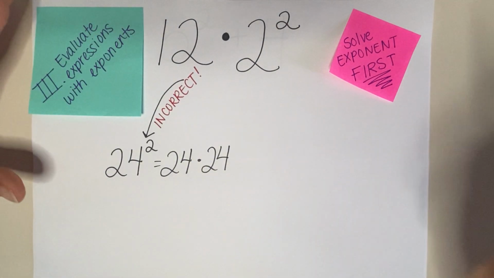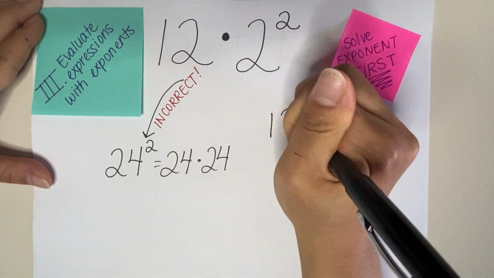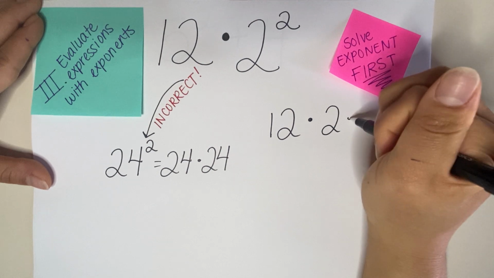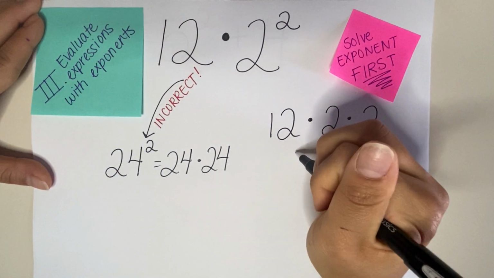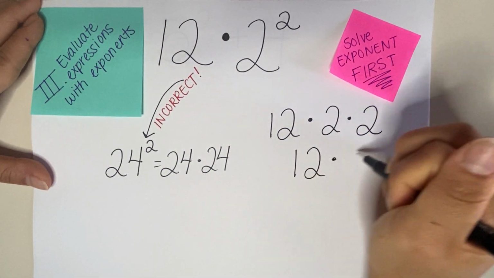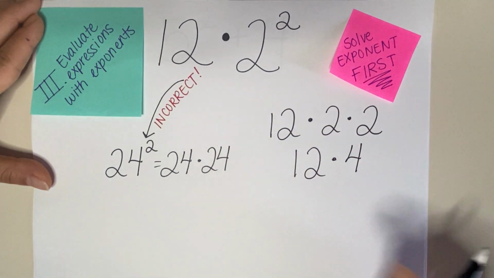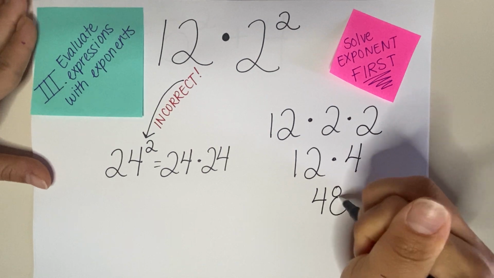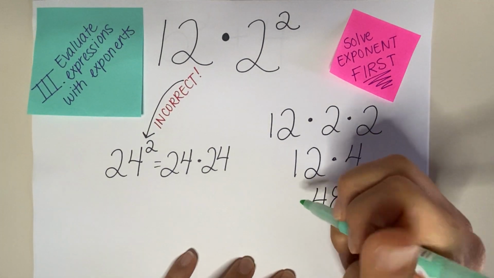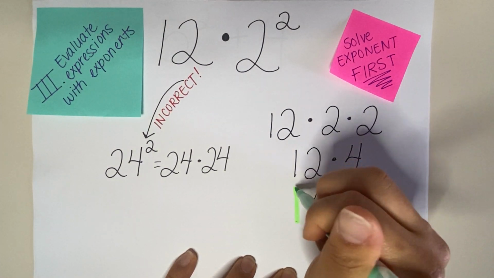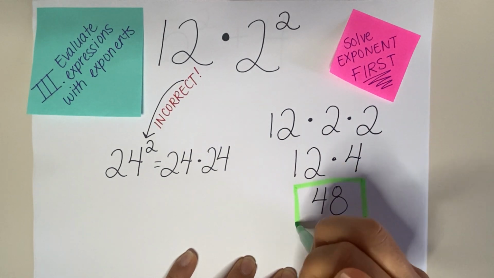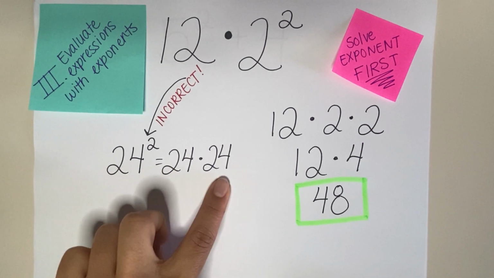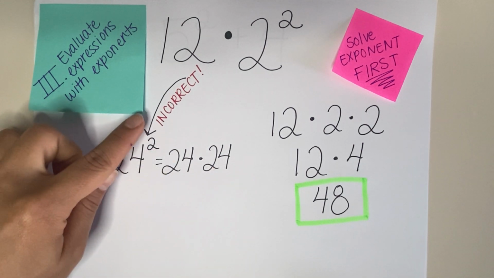So that's telling me that I need to do 2 times 2. 2 times 2 is 4. So now I do 12 times 4, 48. Which is completely different from this 24 times 24, which was incorrect.